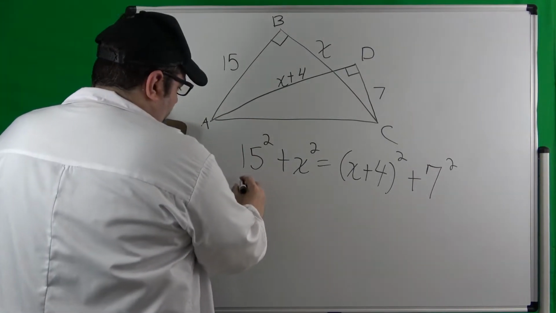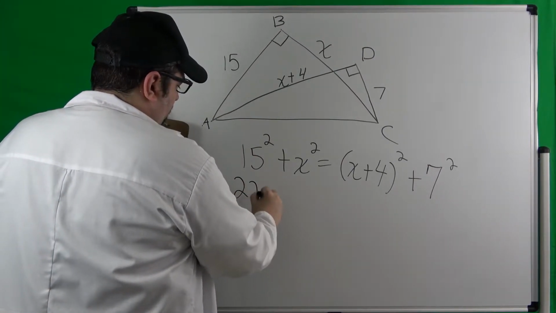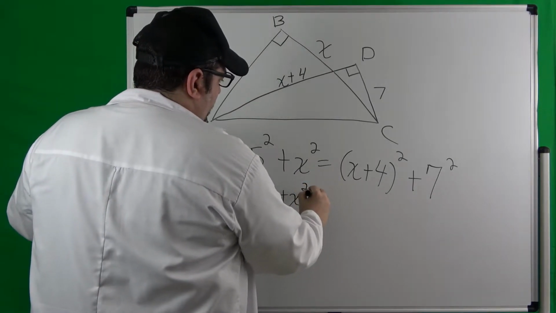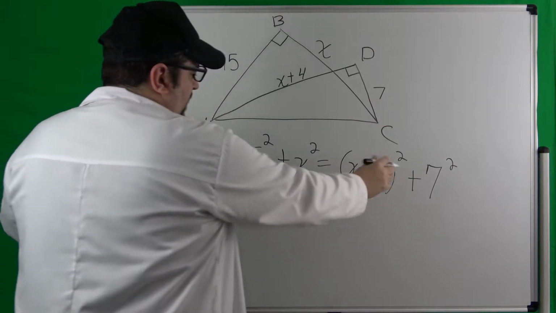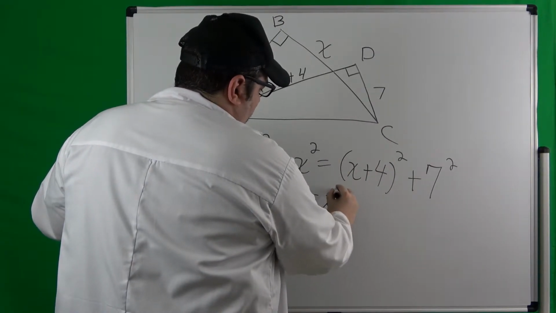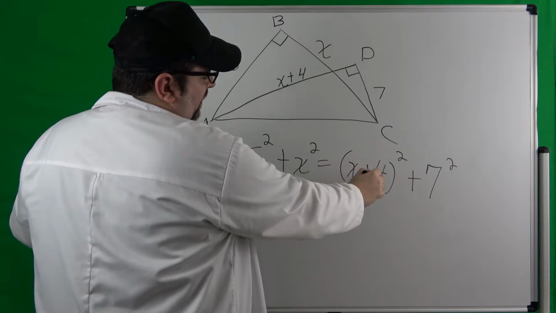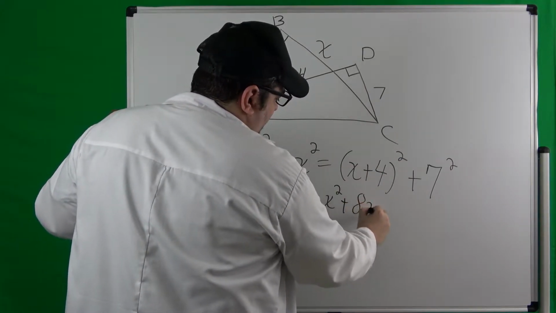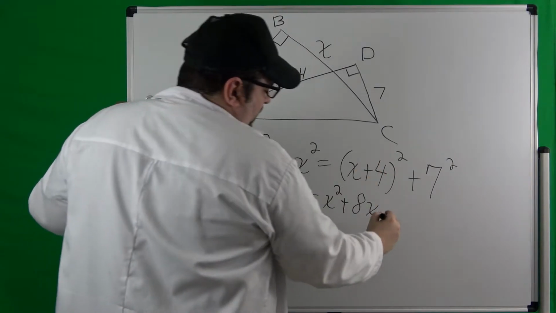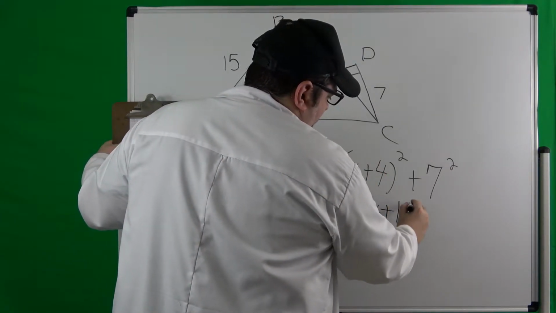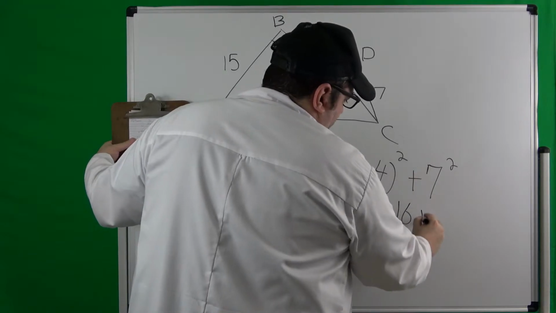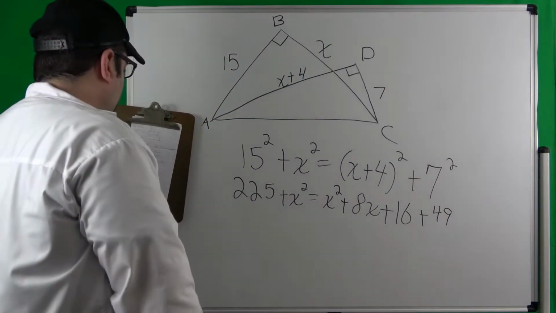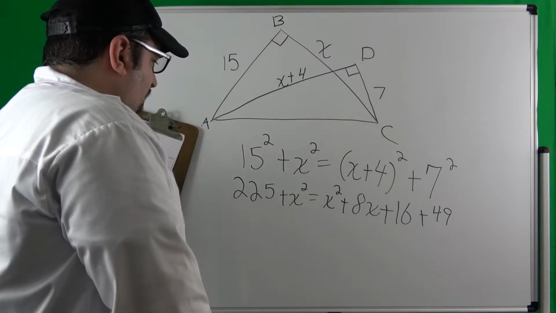So we're going to have 225 plus x squared equals, what's that going to be? x squared, multiply these, double it, plus 8x. 4 squared is 16 plus 49. Let's see here.